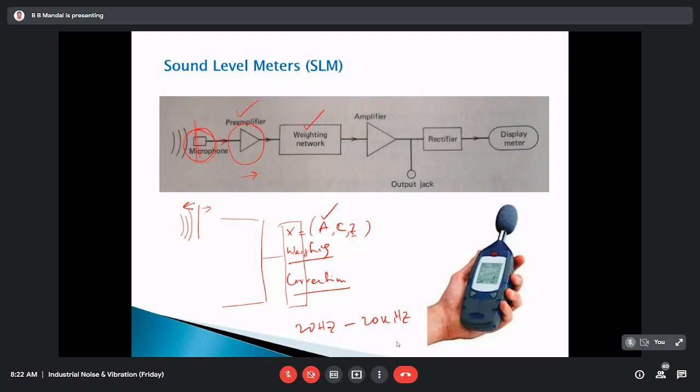The idea is that we are telling something and you are asking the circuit to do it. How do you do that? When you are saying that this microphone is a flat response microphone, you have to ensure that it is equally responsive to all the frequencies.